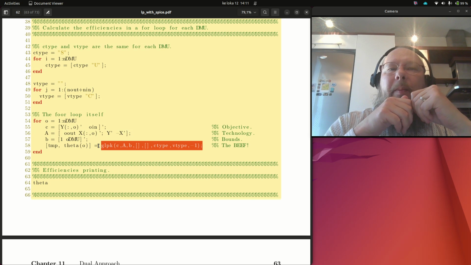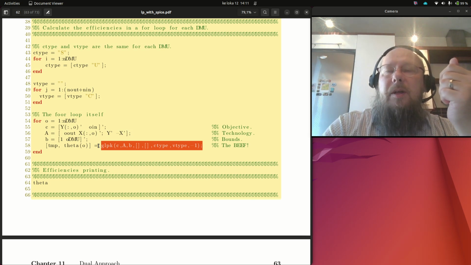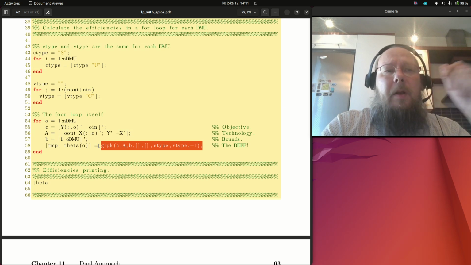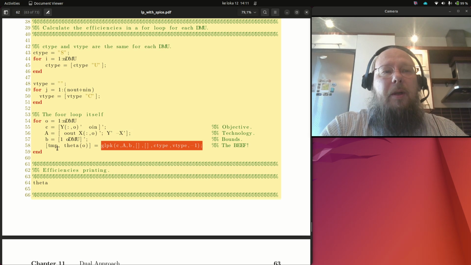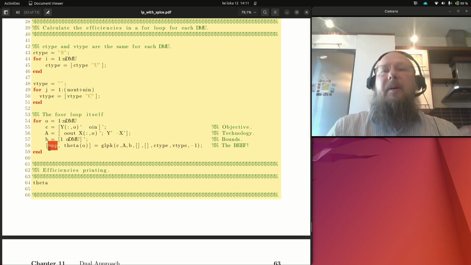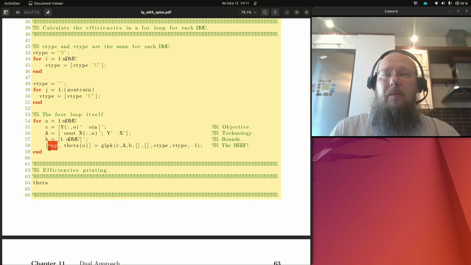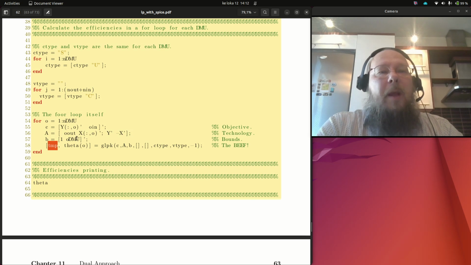Maybe a little bit of a trick here. In principle, GLPK gives us two answers: the optimal decision and the optimal value. Now the optimal decision will be the weights, and we are not interested in the weights as such. So the weights we assign to a temporary variable. We have to assign it somewhere, so let's just call it temp or whatever you want. The main point here is that then theta will be the optimal efficiency, so the optimal, not decision, but optimal value.